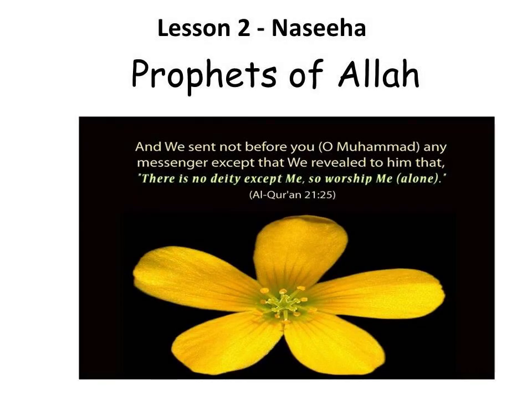Bismillah ar-Rahman ar-Rahim. Lesson number 2, Nasiha. Today we're going to talk about the Prophets of Allah subhanahu wa ta'ala and what their purpose was in this life, and why Allah subhanahu wa ta'ala sent approximately 124,000 Prophets to guide mankind.